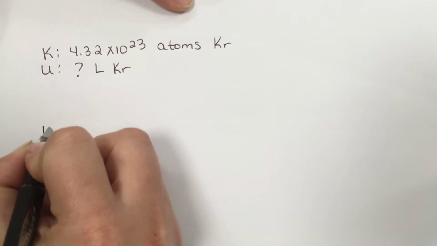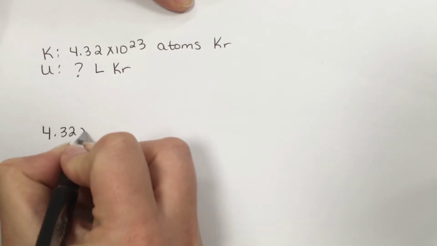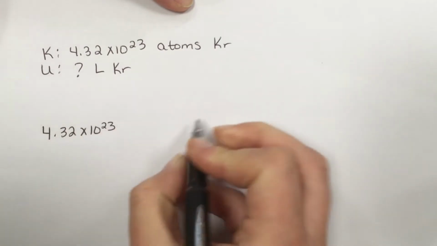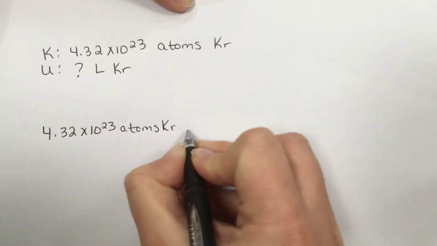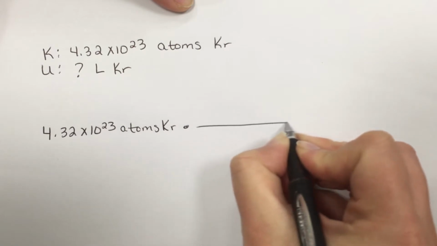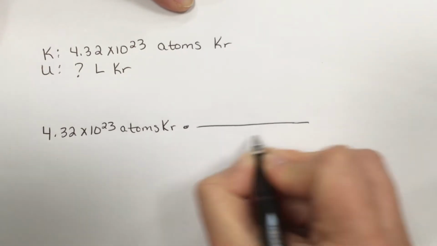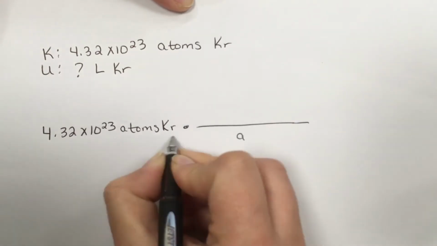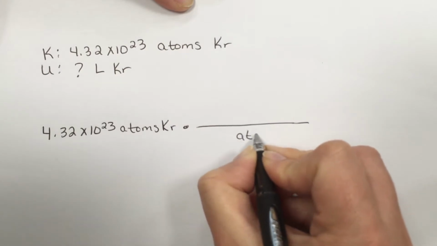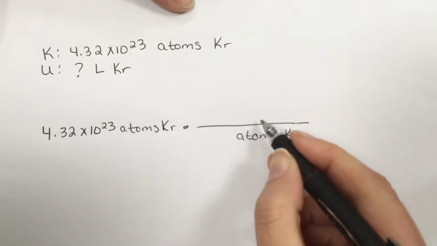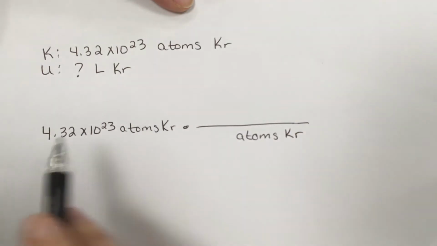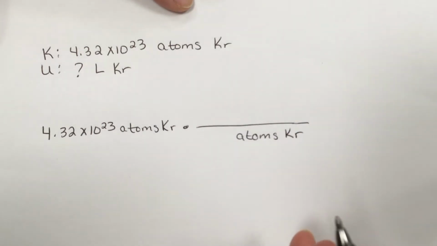Okay, so we always start with our known, 4.32 times 10 to the 23rd atoms of Kr. Since we have atoms of Kr here, we'll have atoms of Kr here. And then we need to convert to moles, okay? The mole is like our main conversion unit.